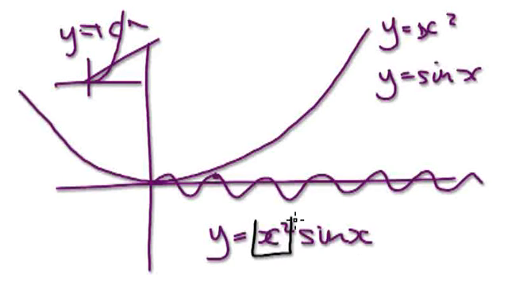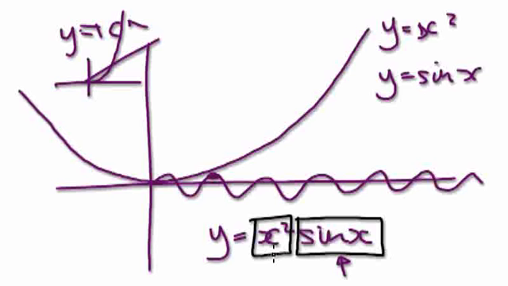Really we've got this block timesing with this block here. Looking at your sine graph, it would be between -1 and 1, and when you times it with x squared, it would take you to here. And this point here is 1.